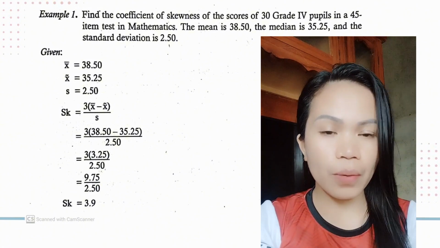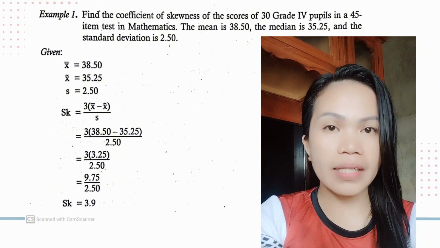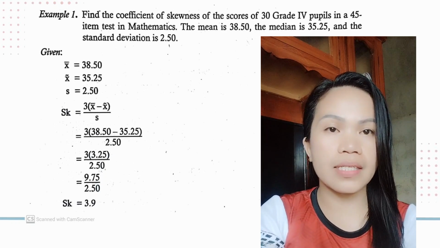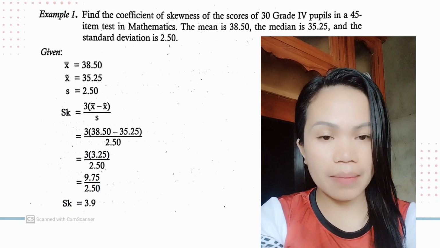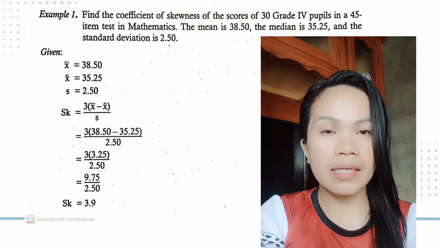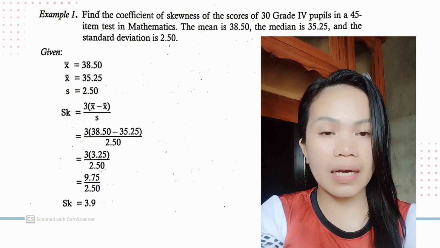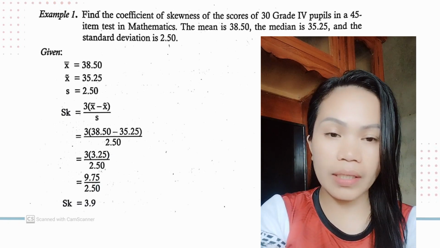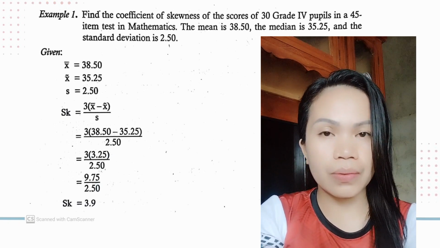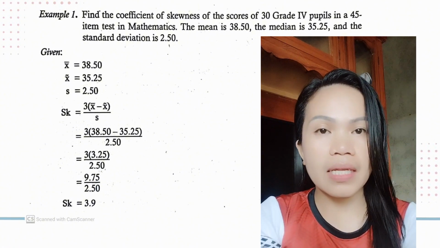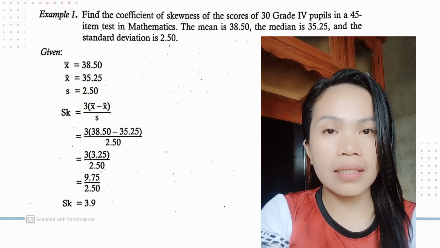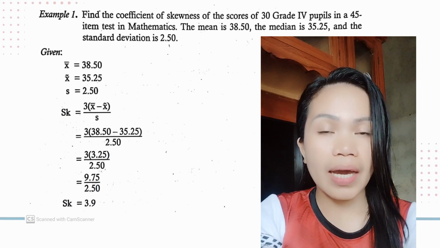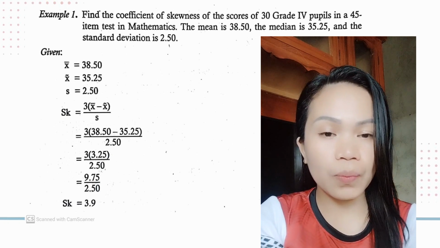Alright, using the formula, let's find the coefficient of skewness of the scores of 30 grade 4 students in a 45-item test in mathematics. So the mean is 38.50, the median is 35.25, and the standard deviation is 2.50.